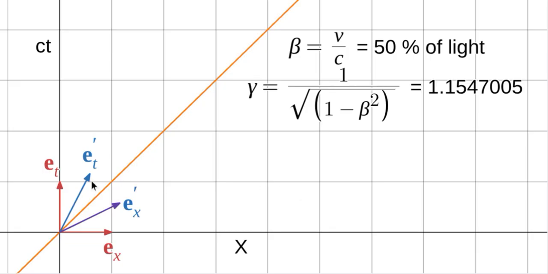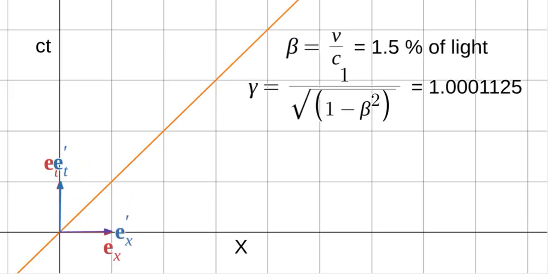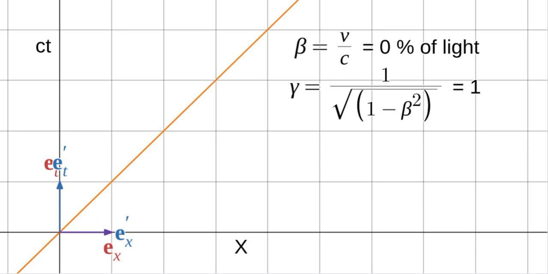Now, remember what we said, that the person at rest and the person in motion have to agree that this is the speed of light and it's a constant. That's why when we change the speed, you see that they approach the person at rest, and eventually they go to 0% speed of light. Gamma just becomes 1, and 1 times anything is anything.